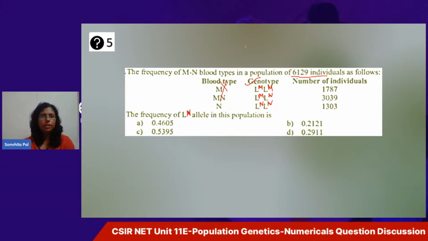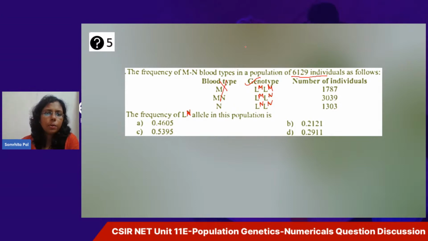Try it out. I will not give you a hint. This is question number 5. So far I gave you hints. From whatever we have discussed so far, you should be able to solve this question. Try it and then I will solve it. I can tell you one thing.